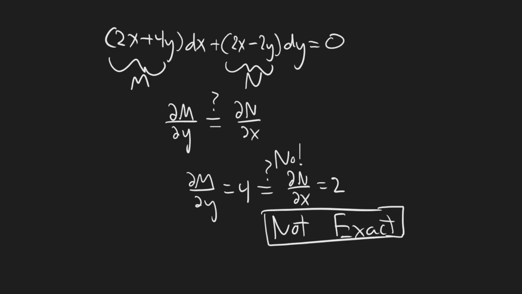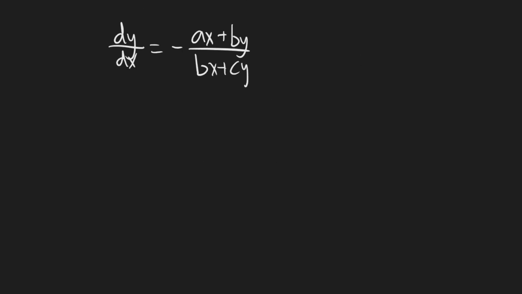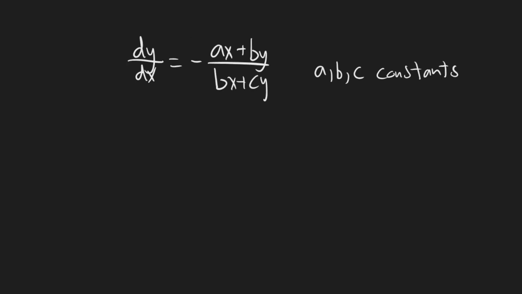All right, let's go ahead and do another example. Here we have another equation, and maybe it's exact. First, we need to get it into the form of m dx plus n dy. And actually here, a, b, and c are just constants. So let's rearrange this equation to get it into the correct form.